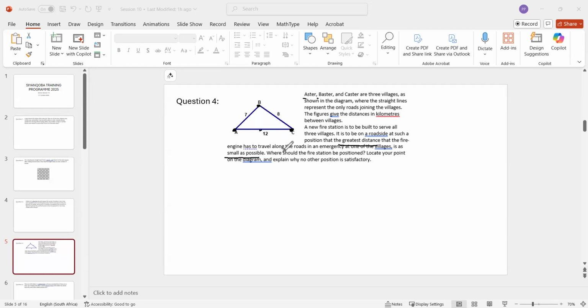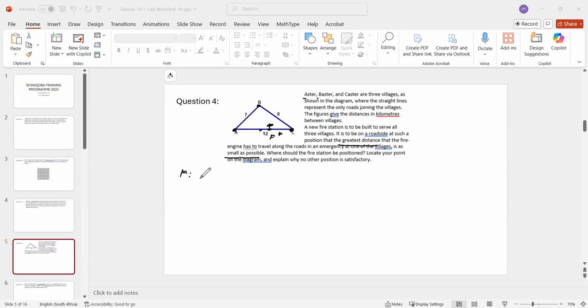You want to place this fire station, like suppose now I want to place the fire station here. Then I can see, if I place it there, what are the distances? Say it's 4 kilometers from Costa.